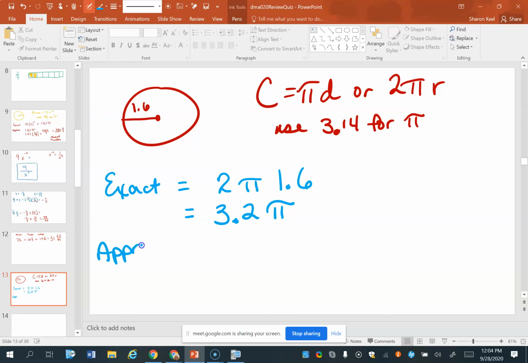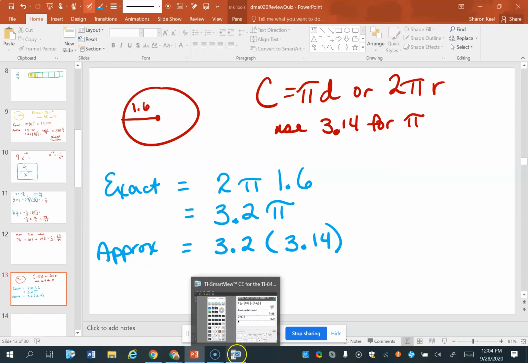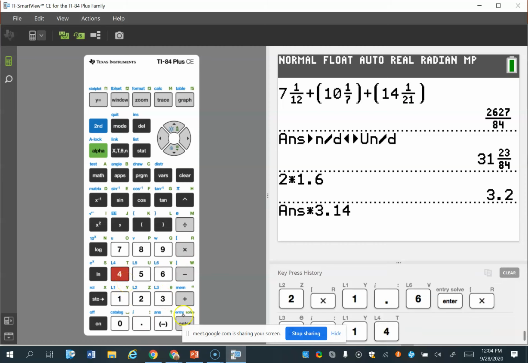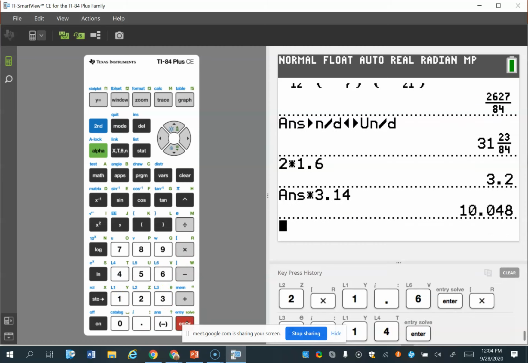When we do the approximation, they want us to substitute 3.14, so we multiply that times our approximation for pi, and that's going to give us 10.048.